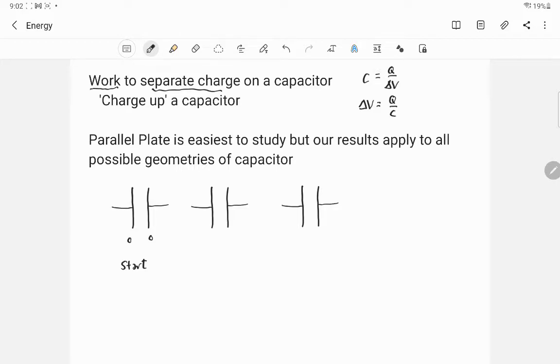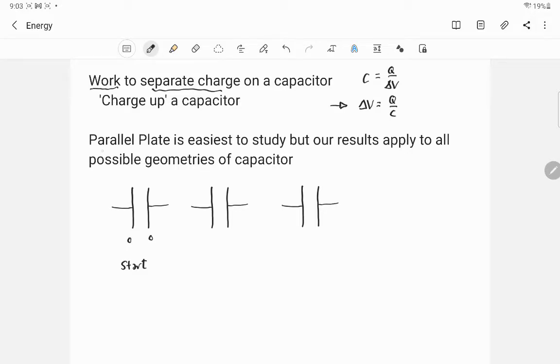It turns out this is a fundamental quantity that depends only on the geometries and separations of the two pieces of metal involved. I'm going to use this second form, the definition of capacitance.